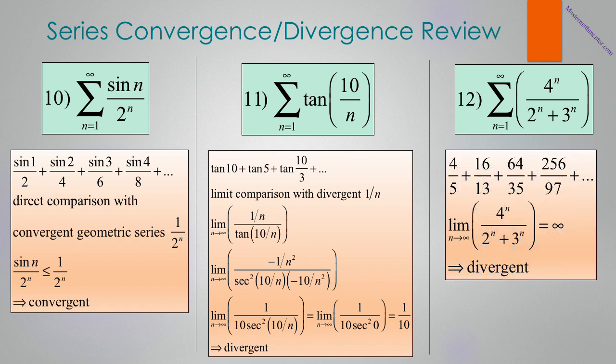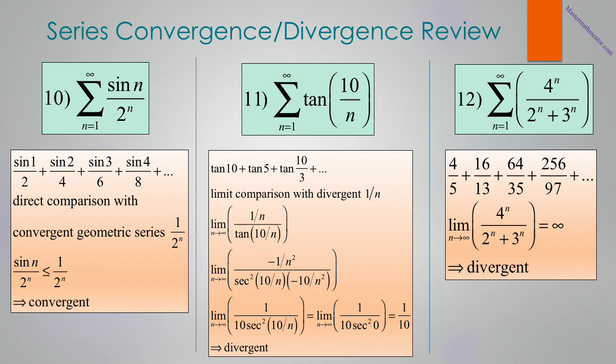Number 12 reads the summation n equals 1 to infinity of 4 to the n over 2 to the n plus 3 to the n. Expanding, we get 4/5 plus 16 over 13 plus 64 over 35 plus 256 over 97 plus ... We will use the nth term test here, and it should be obvious that when we take a look at the limit as n approaches infinity of 4 to the n over 2 to the n plus 3 to the n, this is infinity.